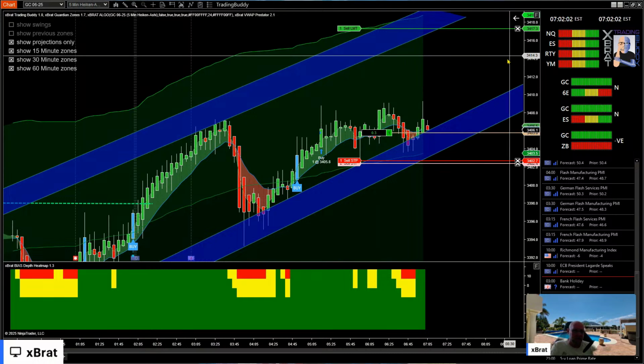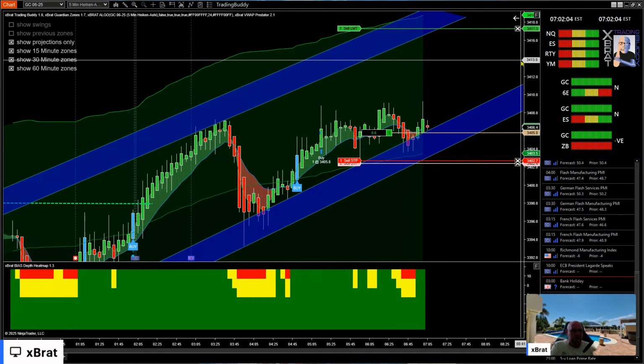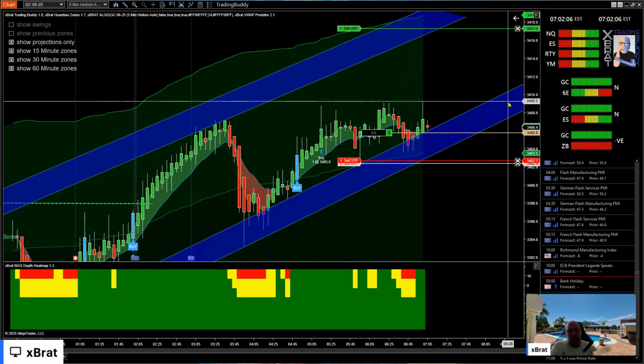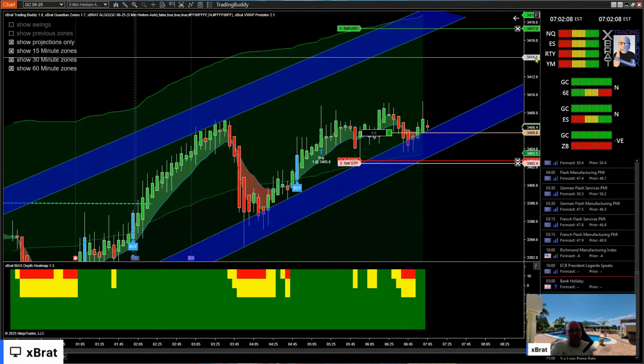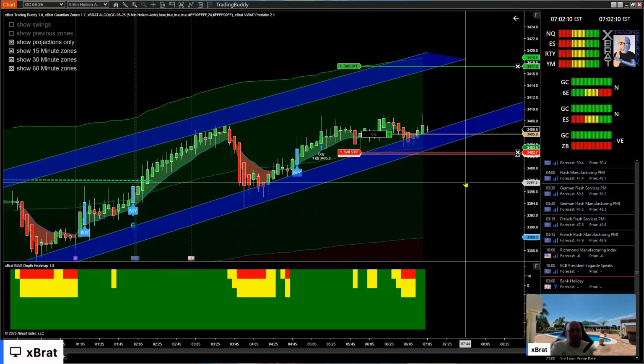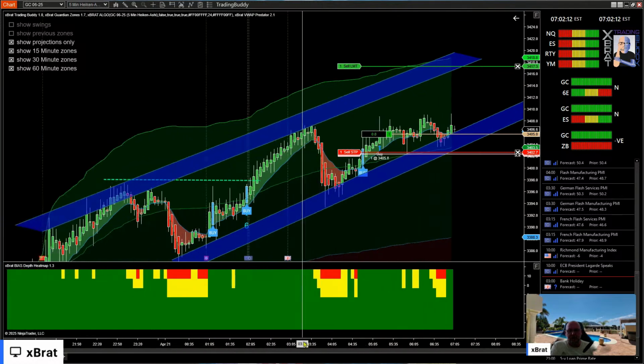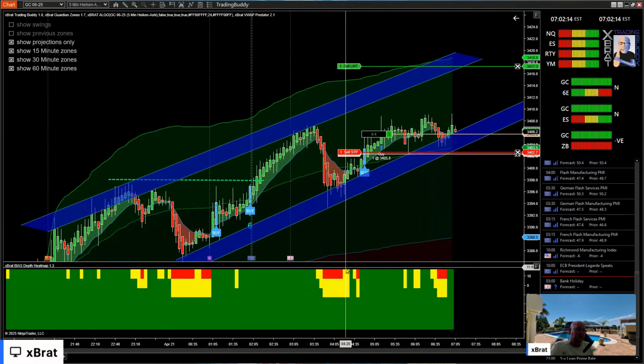It's not a fantastic setup, but I just wanted to come on here to show you how, when instruments get near the highs, whether it's a monthly high, a 90-day high, an all-time high, or a yearly high, there are going to be instances where previous support and resistance zones, even from the last month or so, aren't really going to be effective, those linear support and resistance.